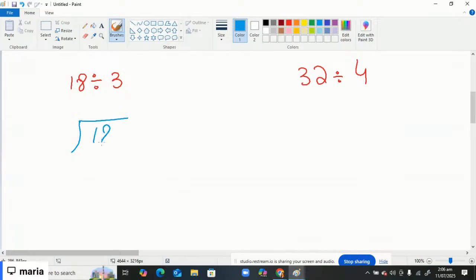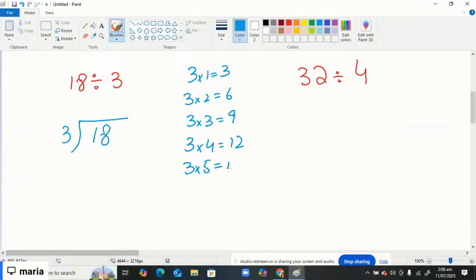I'm going to put 18 inside and 3 outside. Let's write the table of 3. 3 times 1 is 3. 3 times 2 is 6. 3 times 3 is 9. 3 times 4 is 12. 3 times 5 is 15. And now 3 times 6 is 18.